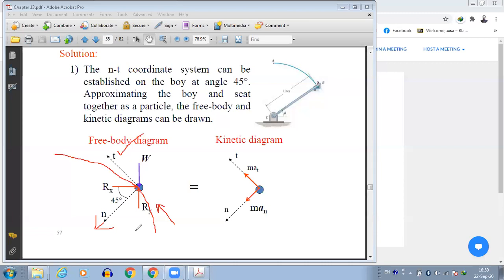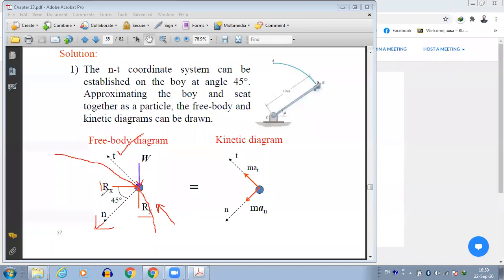So we will have the weight of the boy acting downward, and then you'll have the reaction forces, the vertical reaction Ry and horizontal reaction Rx. Don't worry about the direction of the reaction forces right now, because if your assumed direction is wrong, your answer will be negative. That's the only thing that will happen.